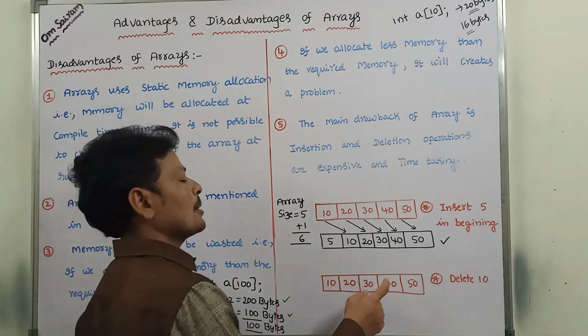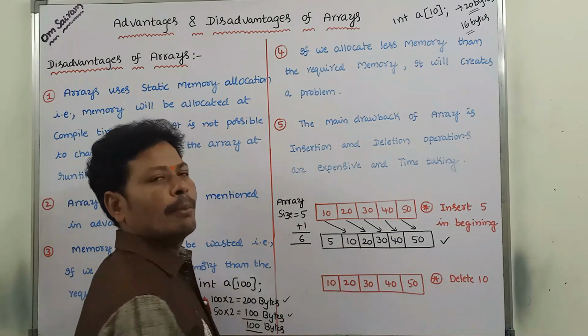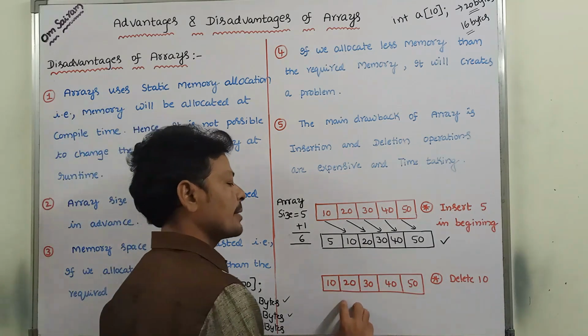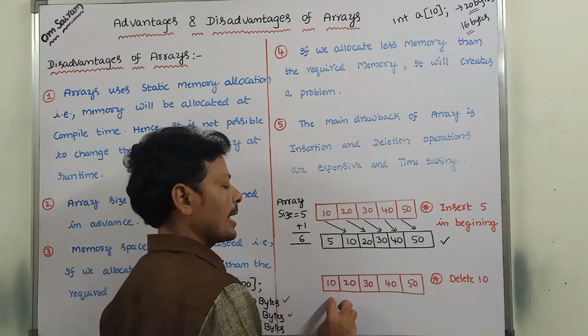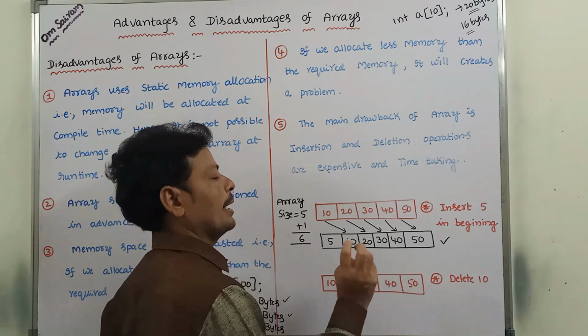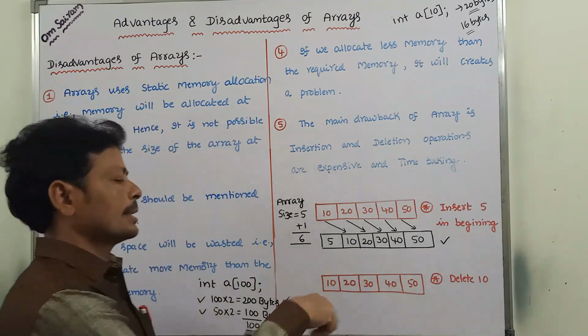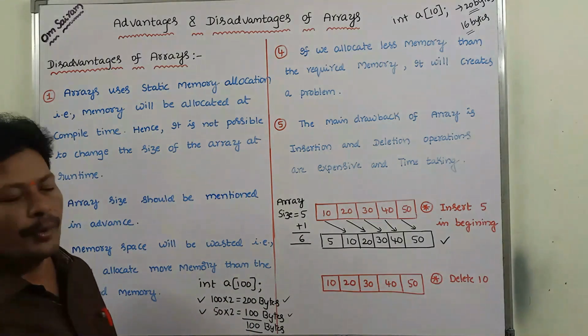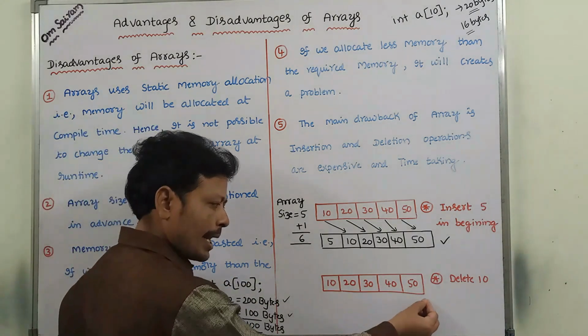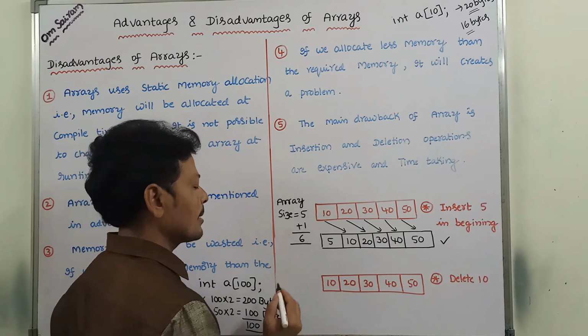Next, suppose we are taking the same array. The array size is 5. It contains the elements 10, 20, 30, 40, 50. Suppose we want to delete element 10 from that array. Okay. So what is the array size? Only 5 elements are there.